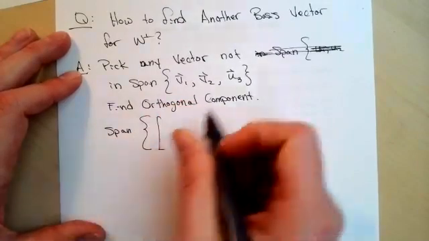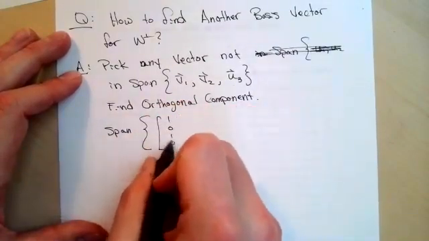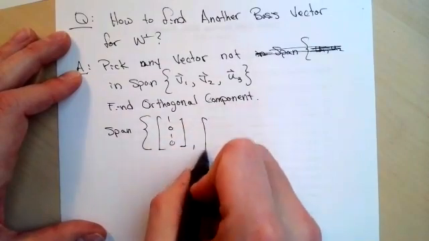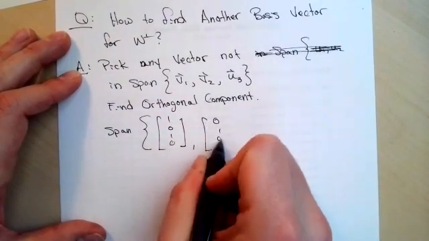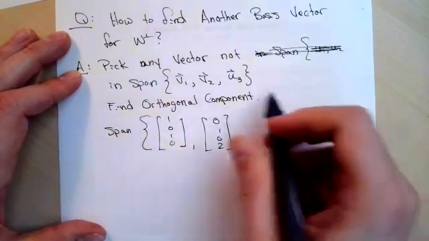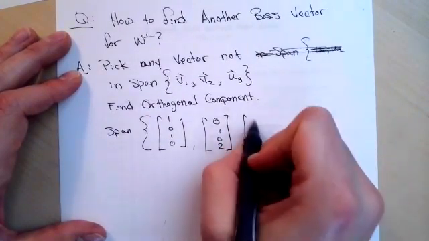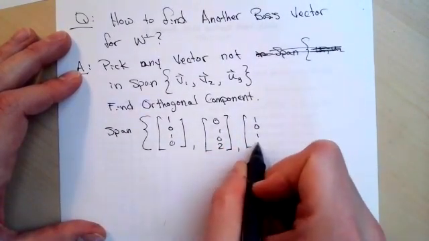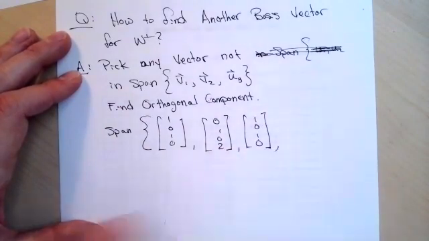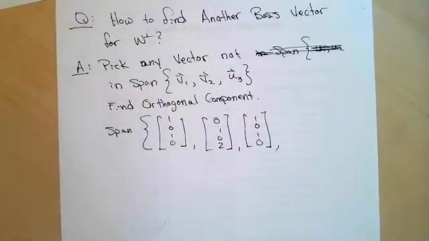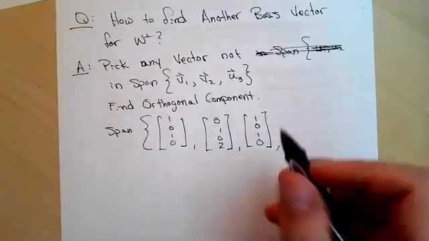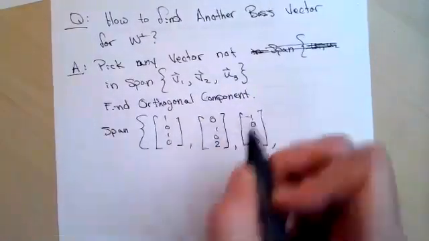So let's take a look. Let's actually write out the vectors all in one spot. So 1, 0, 1, 0. We've got 0, 1, 0, 2. And 1, 0, 1, 0. Sorry, there was a minus sign right there.